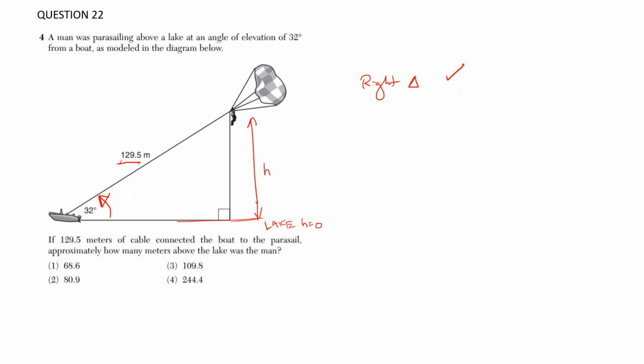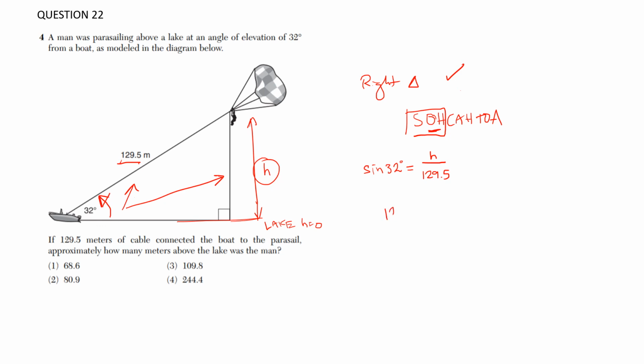So we know our trigonometry ratios here, SOHCAHTOA. We're looking for this, that's opposite to 32, and we have the hypotenuse. Opposite and hypotenuse, that tells us we're going to use sine. So sine of 32 should be the opposite, which is h, which is what we're looking for, over 129.5. And let's mind our units here. This is in degrees, 32 degrees.